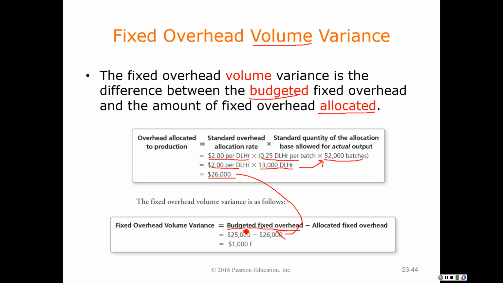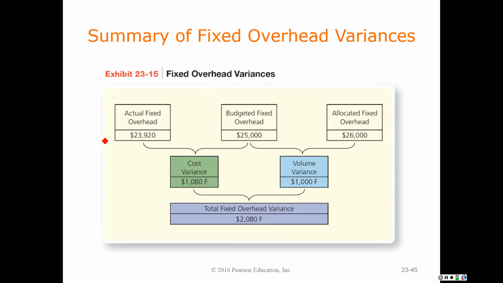Okay, I budgeted 25, I allocated 26. And why did I allocate more than what I budgeted? Because I manufactured more than I budgeted for. And that's why we call it the volume variance. That's the only thing that causes us to have a favorable or an unfavorable variance, is whether I manufacture more or less than what I estimated in my initial budgets.